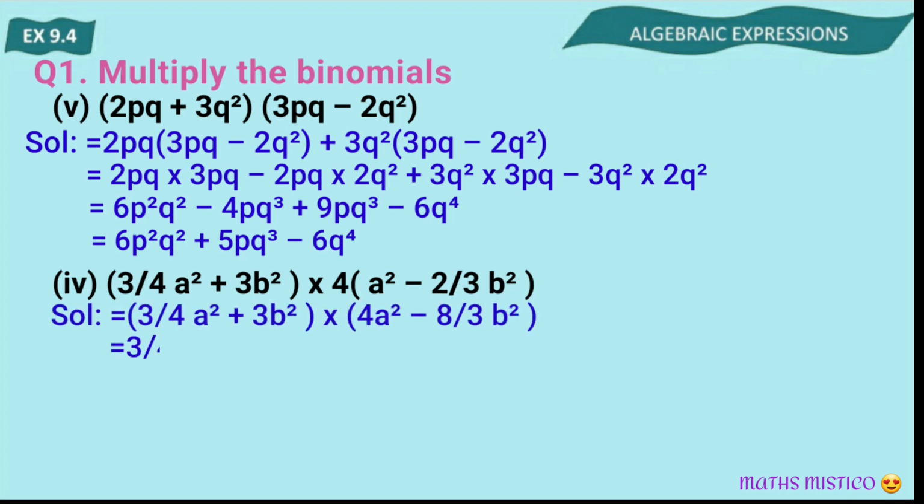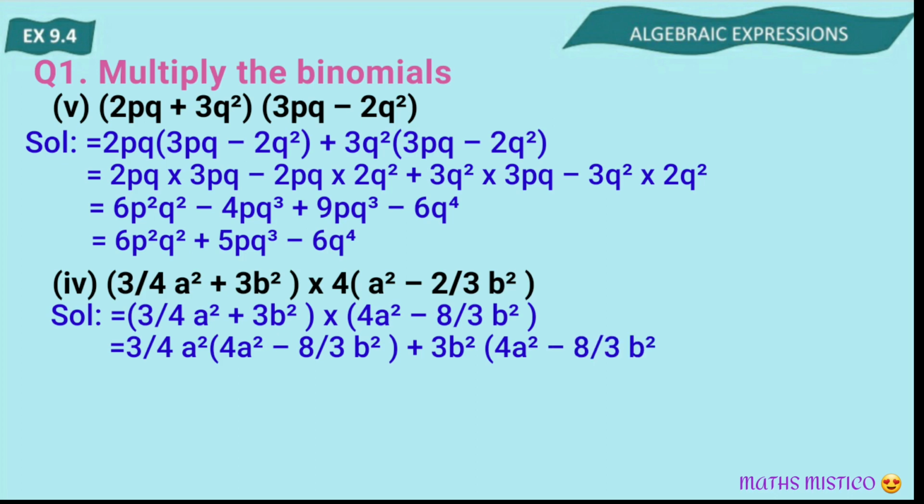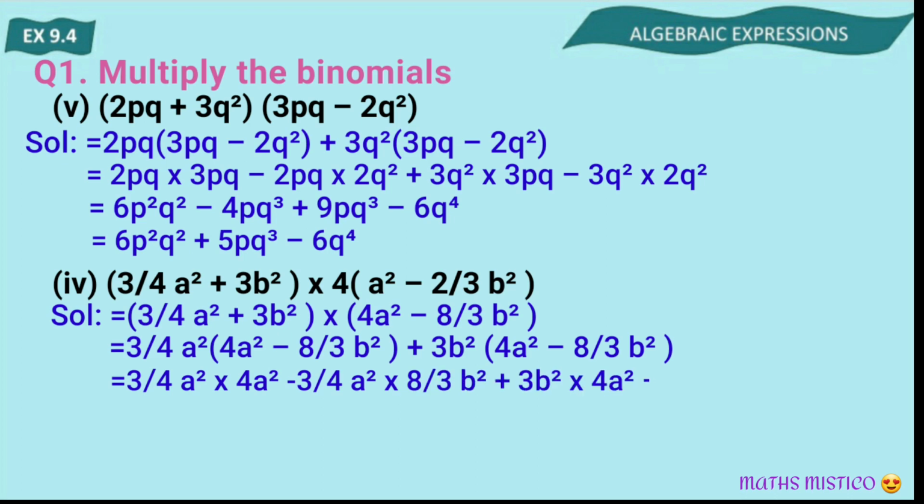3/4 a square into second bracket plus 3b square into second bracket. Now multiply the outer terms with each of the inner terms one by one, and we get this. We can cancel the numerator and denominator because these two terms are being multiplied.